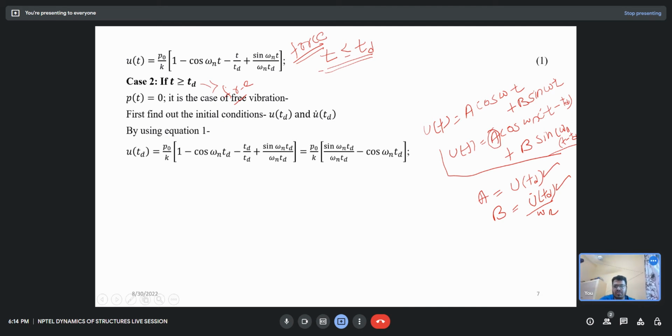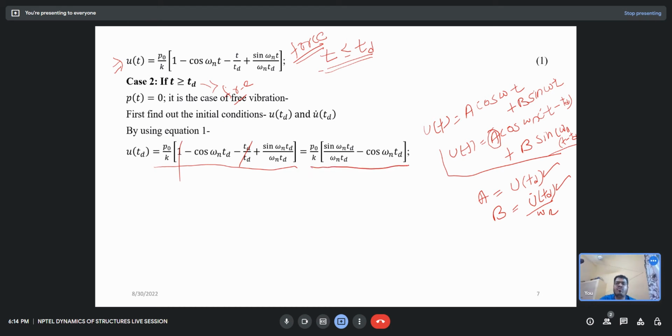So for u(td), I have to simply put td in place of t in this equation. That comes out to be p naught by k times 1 minus cos omega n td minus td over td, plus sin omega n td divided by omega n td. If I solve, this will cancel out with each other, and only this remains.